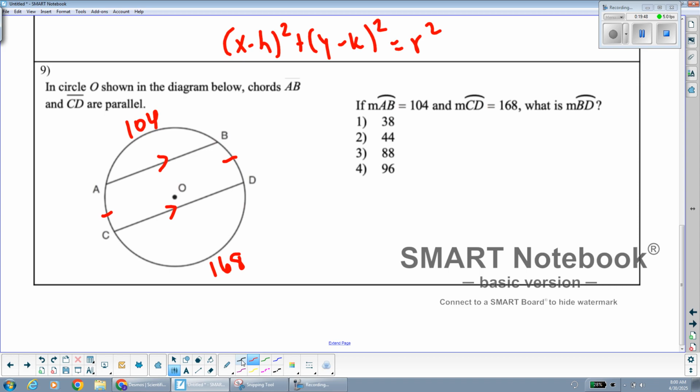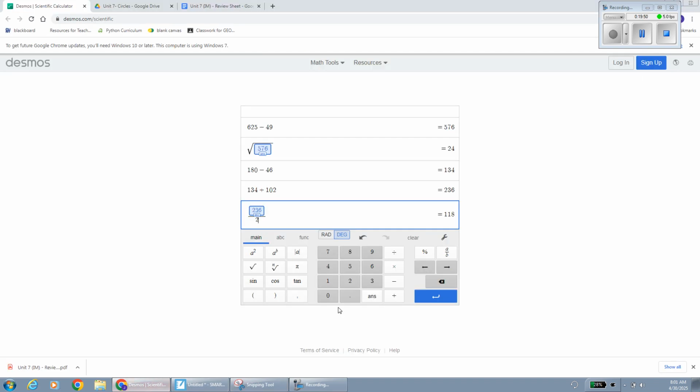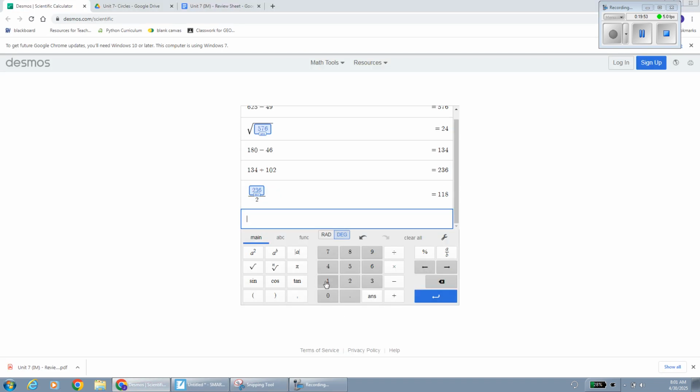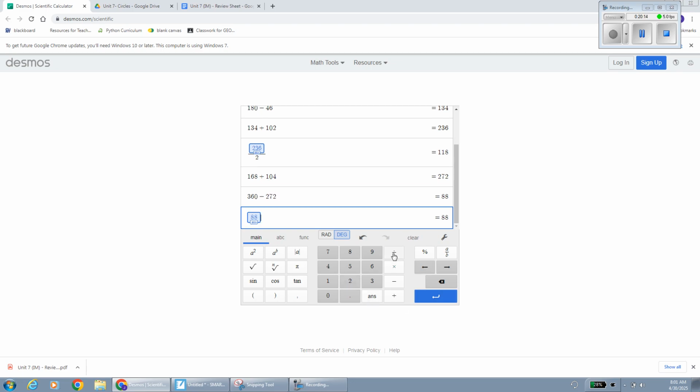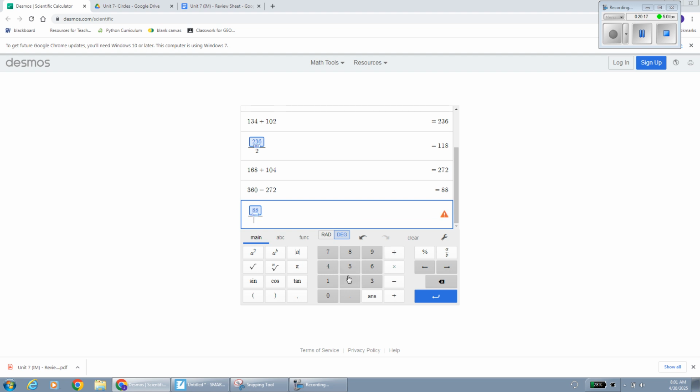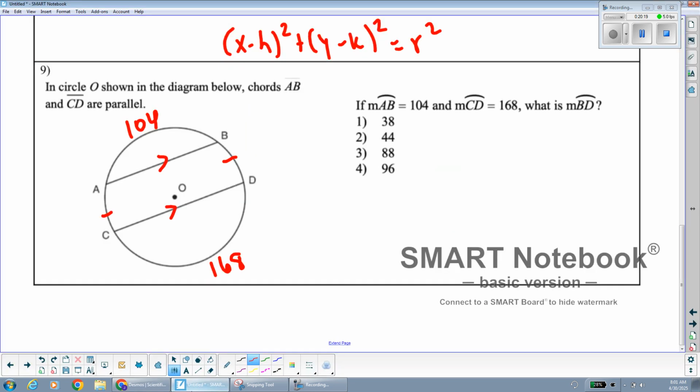Let me add up what we have so far, 168 plus 104, and that's 272. And then subtracting that from 360, to see what's left on our circle is 88. And then we have two equal parts created by the parallel chords. So that would be 44.